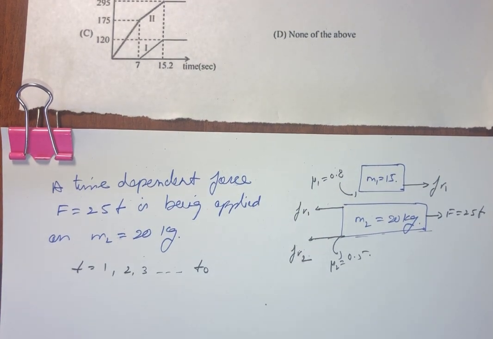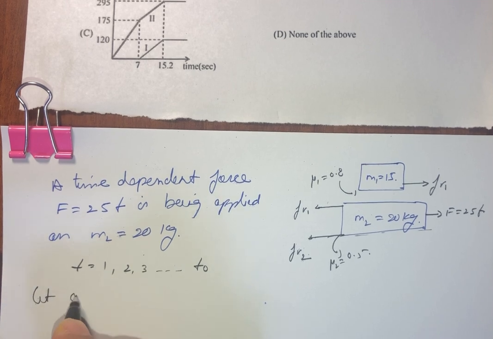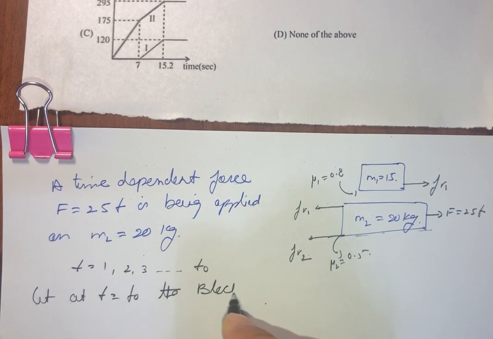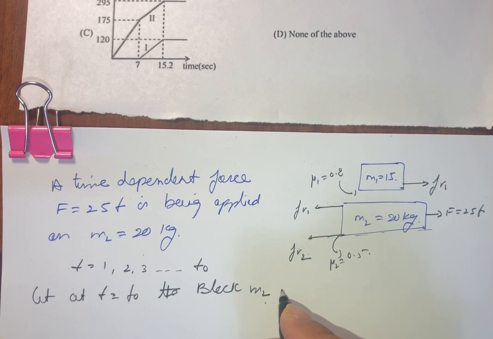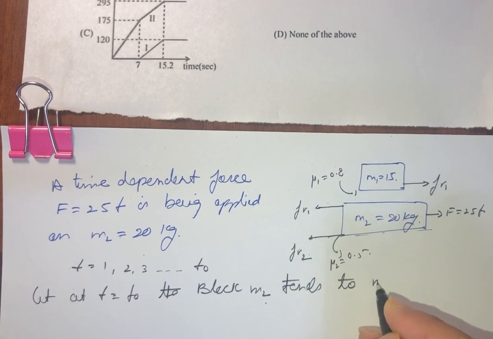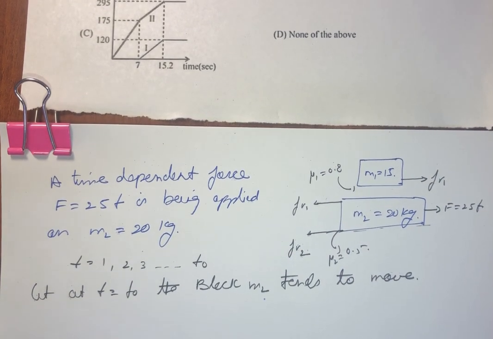Let at t equal to t0, the block M2 tends to move.